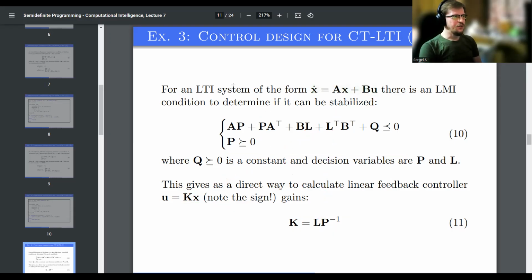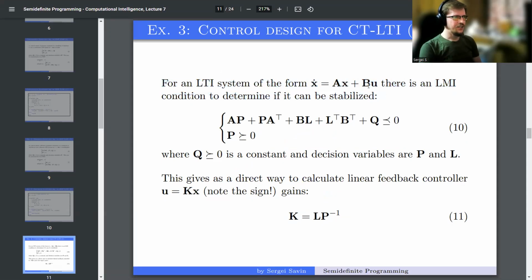For now, you can just see that with this, we can solve controllability and design control at the same time. You can think of it as an LQR analog, right? LQR also allowed you to get K, and if you got K, that means the system was controllable. So this is somehow a little bit of a cheat, saying that it is a controllability criterion, because it's just a control design method, and if you design the control successfully, it means the system was controllable.